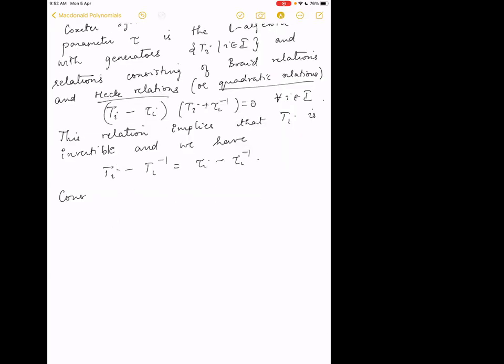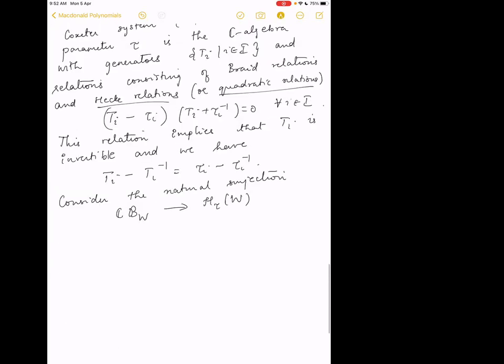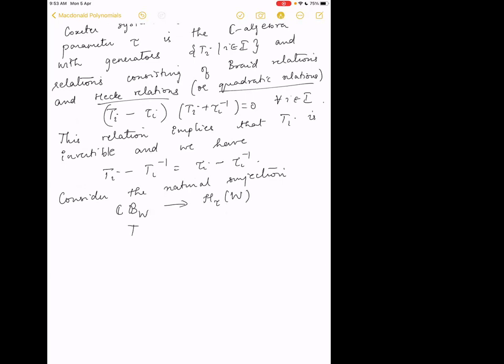And now consider the natural surjection from C[B_W], the group algebra of the braid group, to H_tau(W), sending T_i to T_i again.